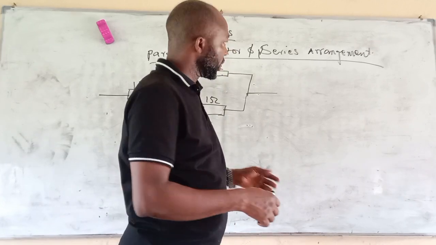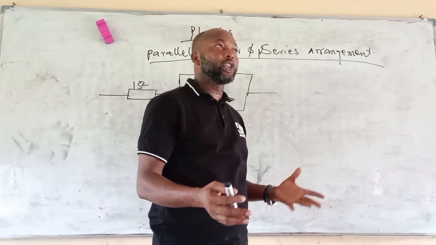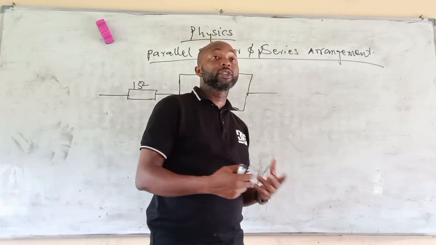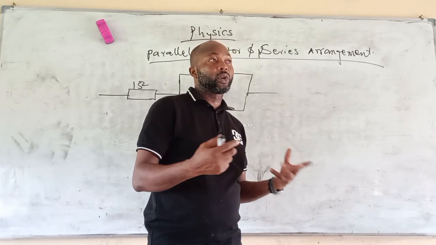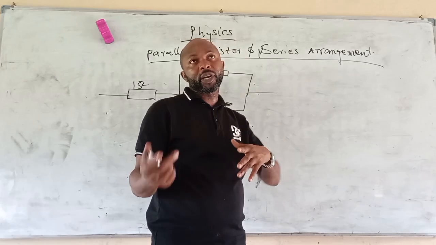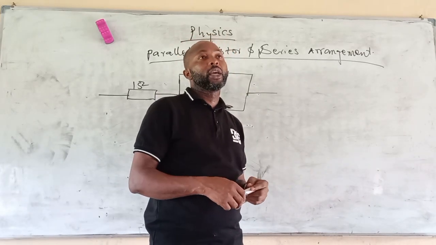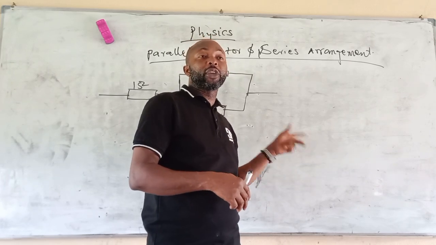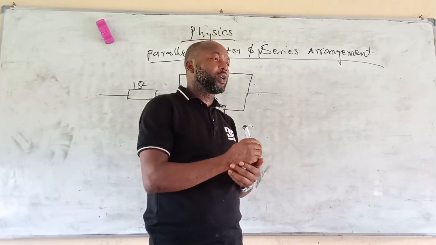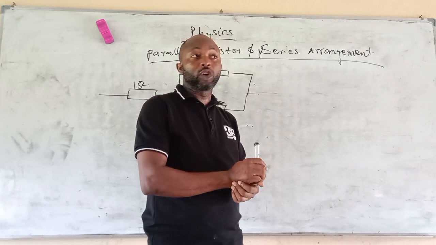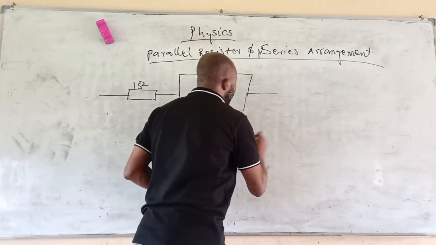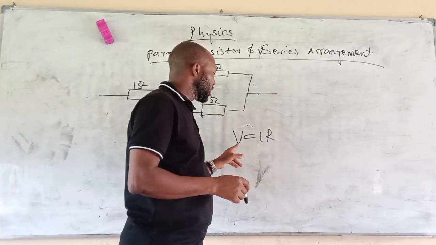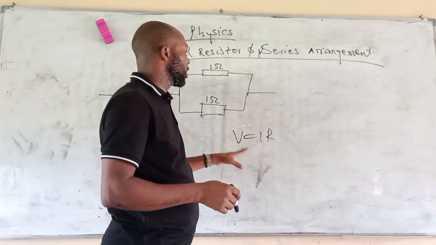Okay. So today, what we've done is just a review of how we can get our effective resistance in a resistor, which is either using the parallel or the series method. The reason why we have to understand this first is because we can proceed from here to get our voltage, V equals IR, where R is the resistance of the resistor, I is the current, and V is the potential difference in volts.